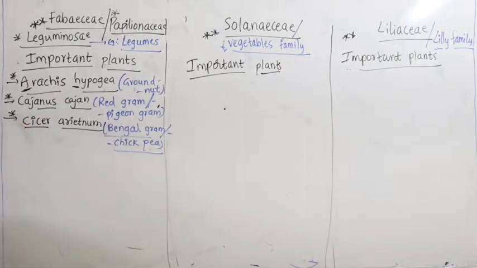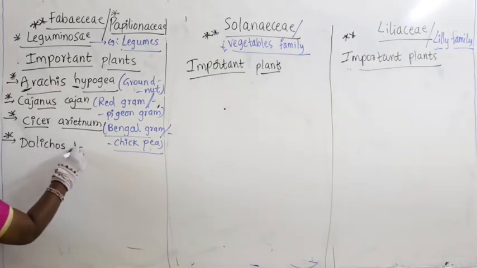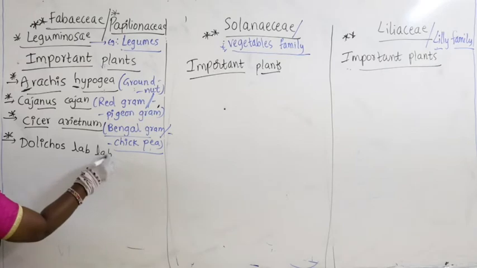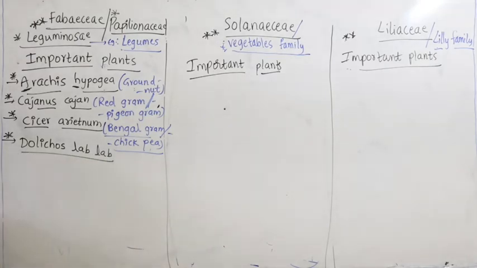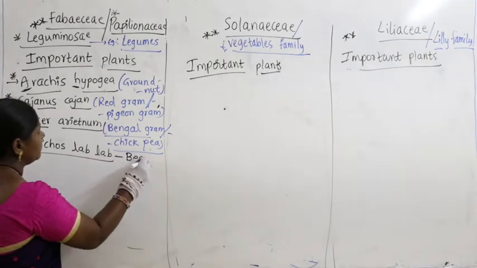Right? Cysoarinum. It's commonly called Bengal gram or chickpea. Then what is the next one? Dolichos lab. It's commonly called beans.